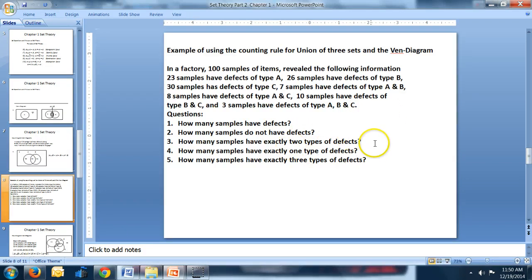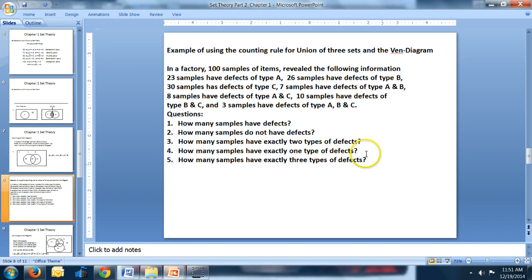And the question in here: can you draw the Venn diagram, and can you identify these items in there? And after that, can you answer these questions? How many have defectives, which is the union of A, B, and C, the set A union B union C. Or how many don't have defectives, or how many have exactly 2 defectives, or how many exactly have 1 defect, or how many have 3 defectives.